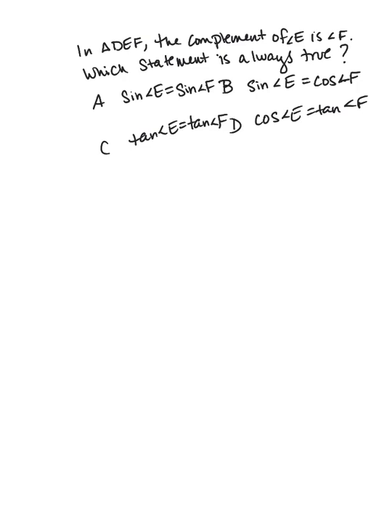You would be expected to know what I just taught you. Think about it. E is the complement of F, so that means D is a right angle. Here's D, here's E, here's F. Let's go through each choice. Choice A, sine of E, sine of F. The sine of E is the opposite.